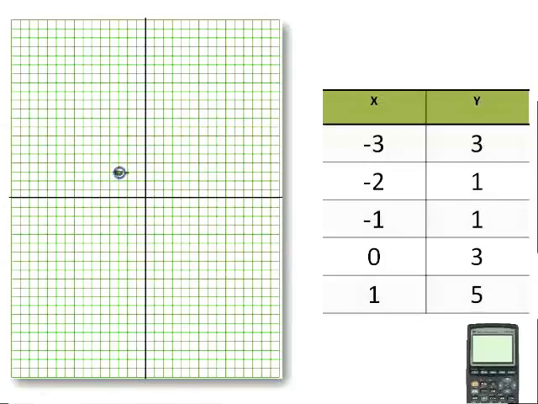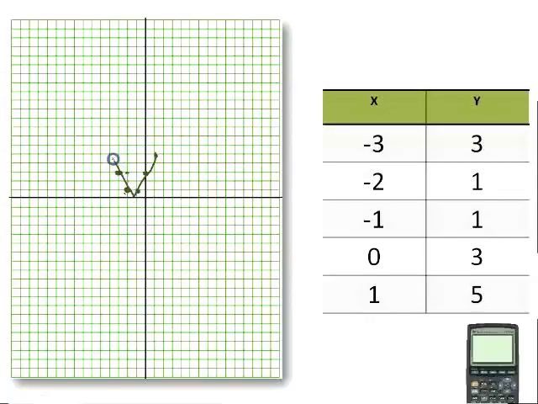I'm sorry, I didn't go over enough. -3, +3 is right here. -2, +1 is right here. -1, +1 is right here. 0, 3 is here. And 1, 5 is here.